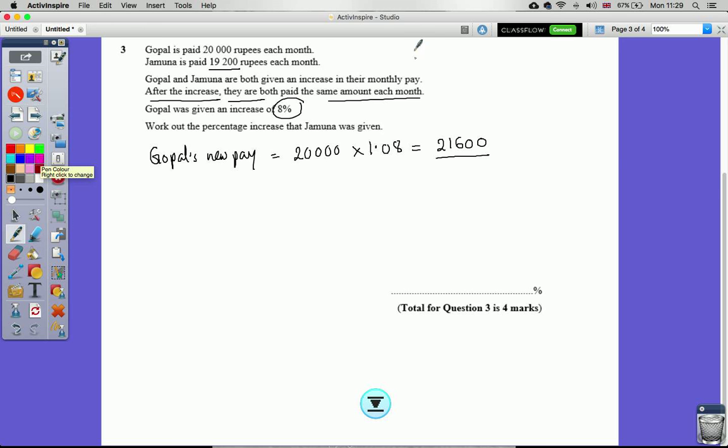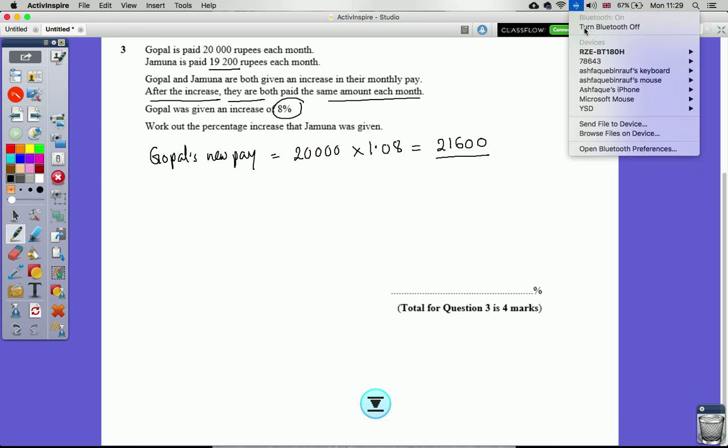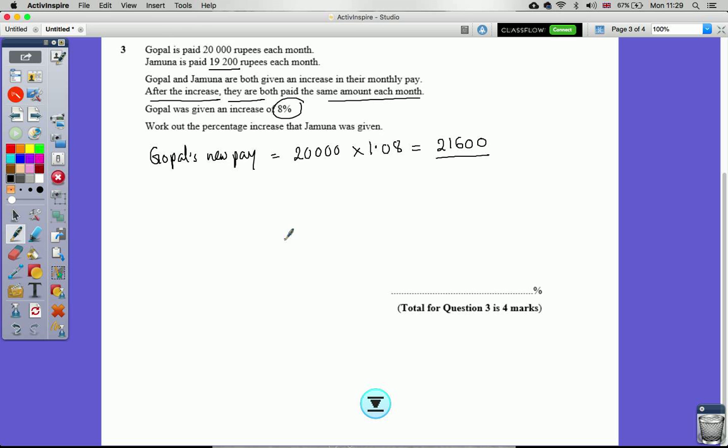So what we are going to look at here now is that percentage increase. The old pay for Jamuna was 19,200.